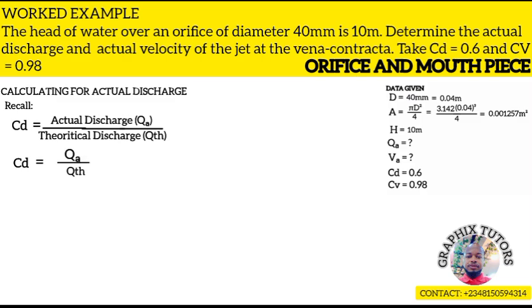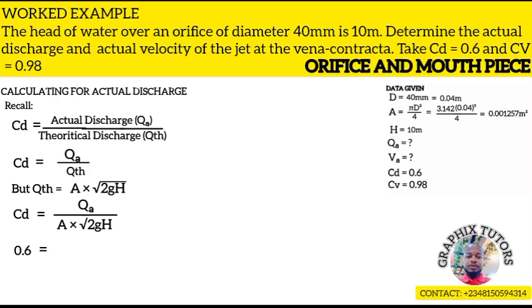But my theoretical discharge is equal to the area multiplied by the theoretical velocity, and the theoretical velocity is the square root of 2 times gravity times the head, h. Now if I input it into my formula, my CD will be equal to Q over the area multiplied by the square root of 2gh.